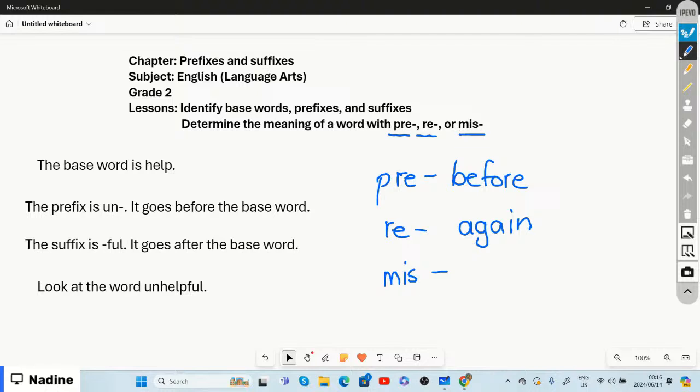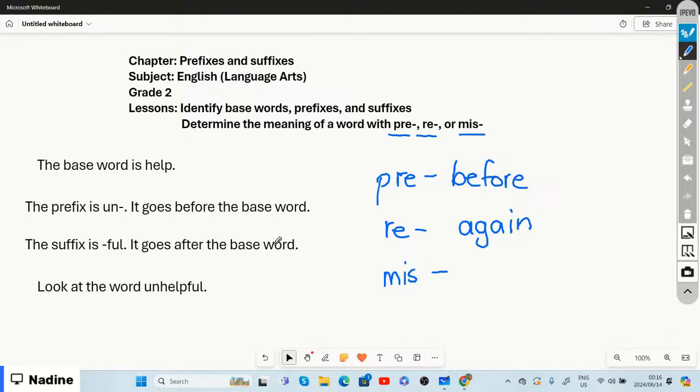That is what those three mean. And we are going to determine the meaning of each one of those. And those are prefixes, right?